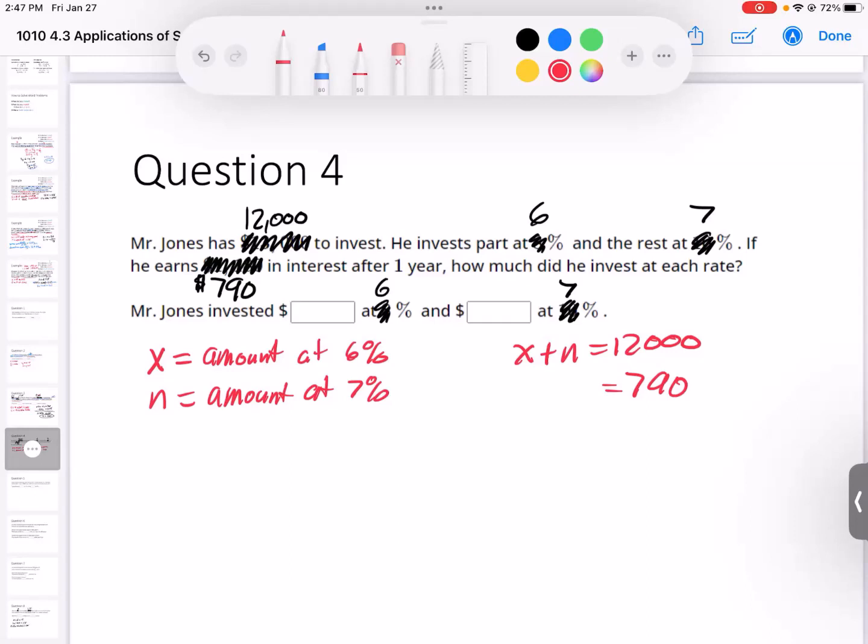And so the way you calculate 6% of a number is you do 0.06 times whatever the number is. And so that's going to be 0.06 times X, and then 0.07 times N. And then probably in that case, you'd also want to multiply by 100 to get rid of the decimals, but that's the setup of what it would look like.